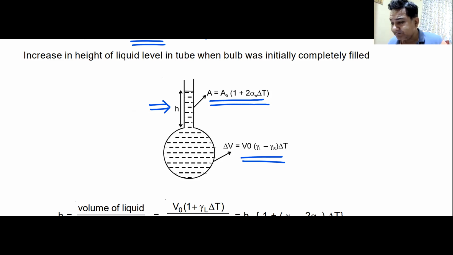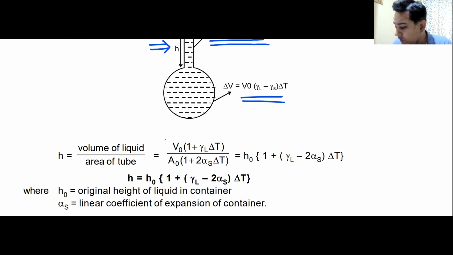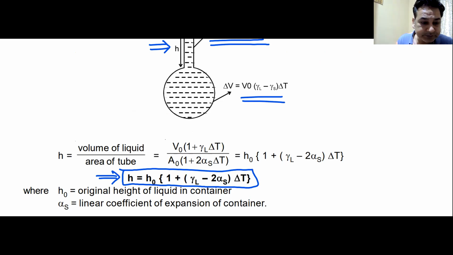Have you drawn this diagram? Yes. Then you can find out what is the increase in the height of the liquid, or what is the final height of the liquid, and this is the final height of the liquid that you will get after all these calculations. Do you understand this? Do you understand how it is achieved?